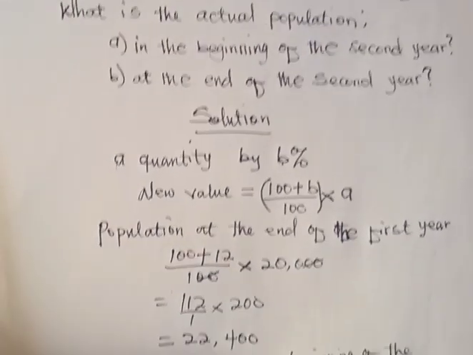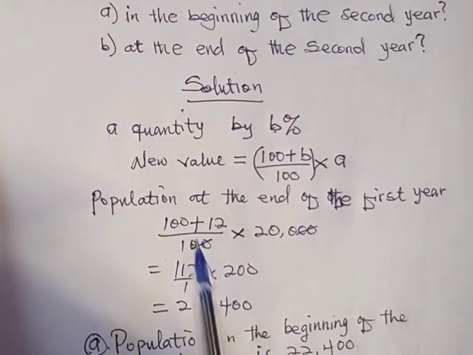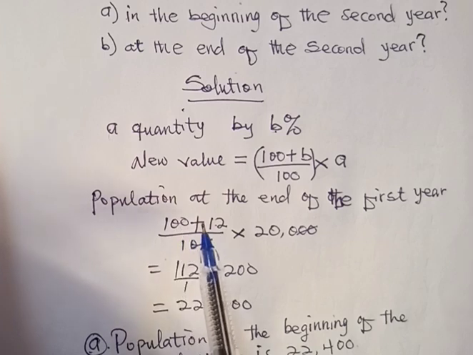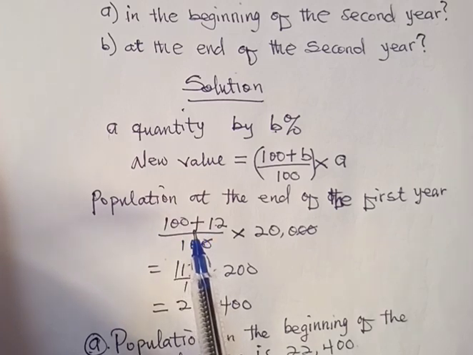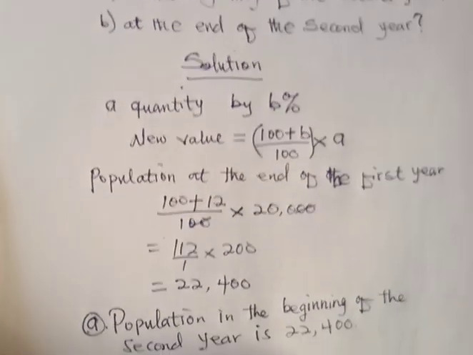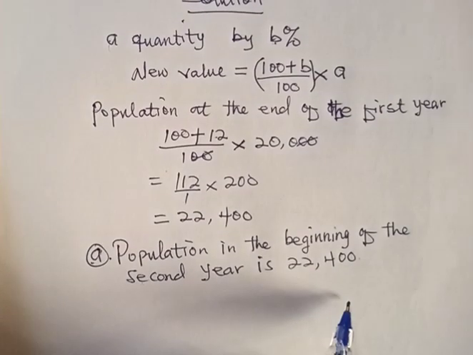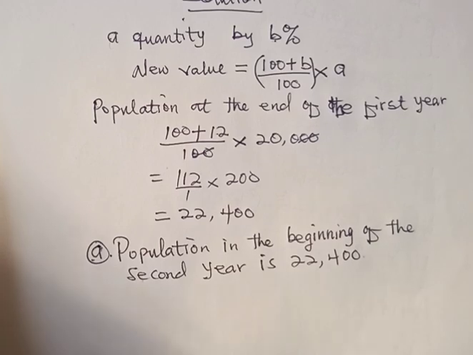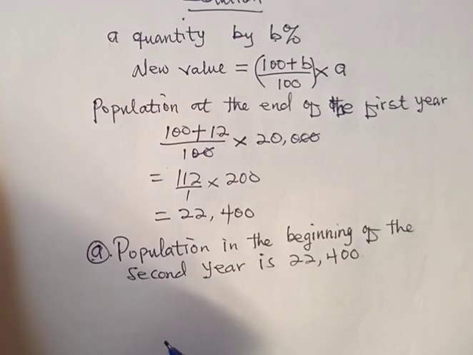Now you know that the first one, because it was increased, we added. So this time, because it is going to be reduced, we are going to find the difference, meaning we are going to subtract the 5% from the 100 and divide by 100. So that is the case.